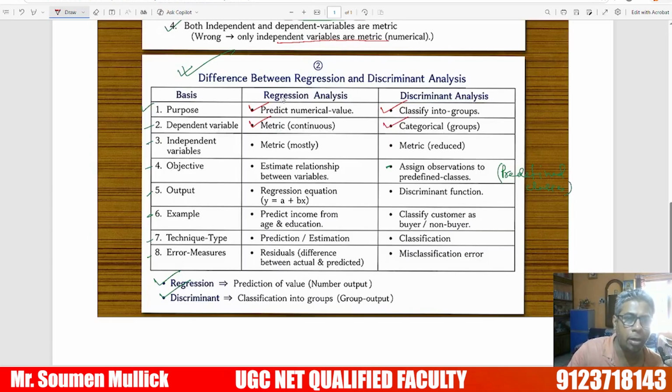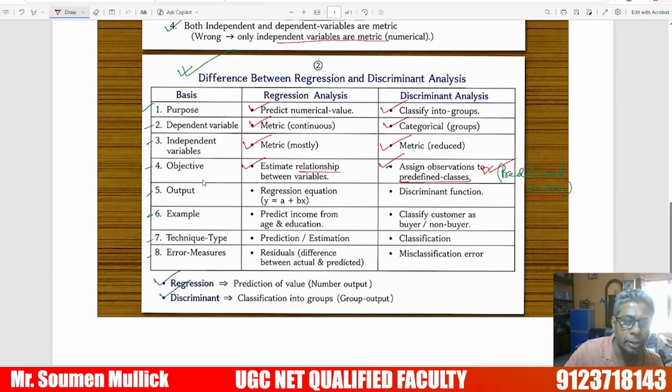Independent variable of regression analysis is metric. Independent variable of discriminant analysis is metric. The objective of regression analysis is to estimate the relationship between the variables. Our objective of discriminant analysis is to assign observations into predefined classes.